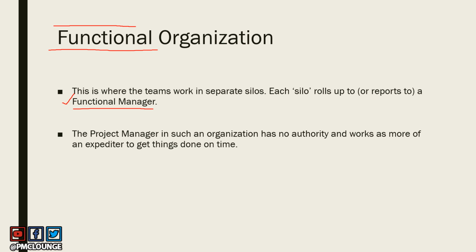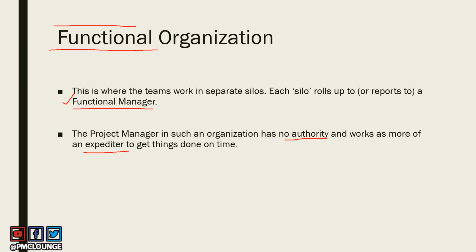You are not really supposed to do much, because you do not have much authority or no authority in certain cases when it comes to functional organization, and you are only working as an expediter, which means there is a project schedule which is something that is given to you. You might have not even come up with the dates, come up with the milestones.